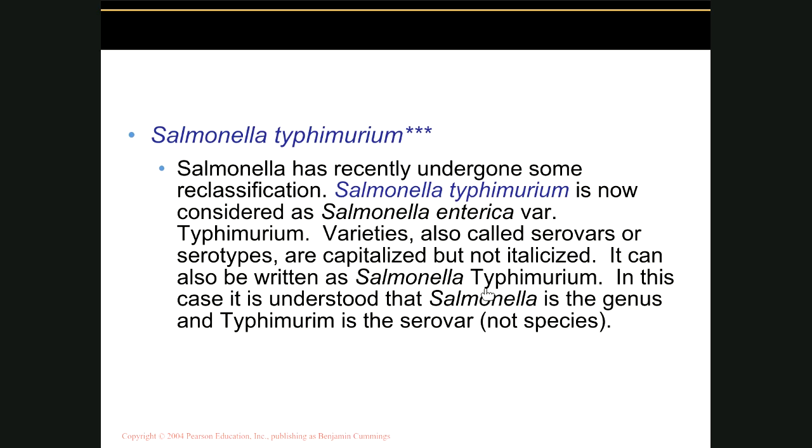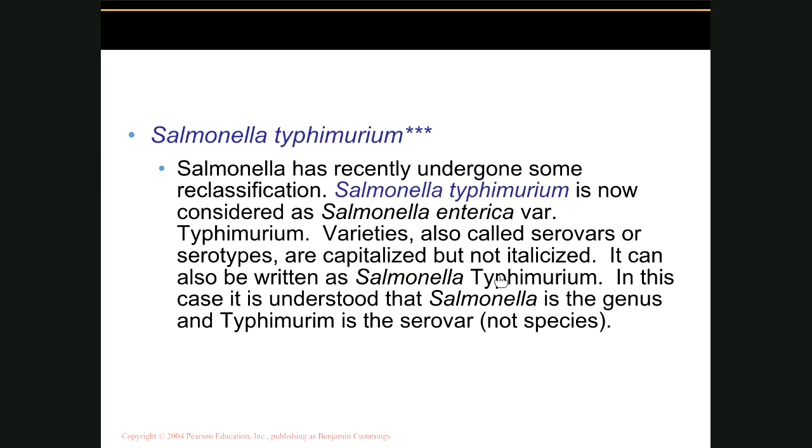How do they not know how to write a proper genus and species? Well, typhimurium is no longer the species, it's the variety. So the way you write this now is you capitalize and italicize the genus, but the variety is capitalized, it's just not italicized. So it looks very wrong and very confusing to have this, but that's how they do things now.